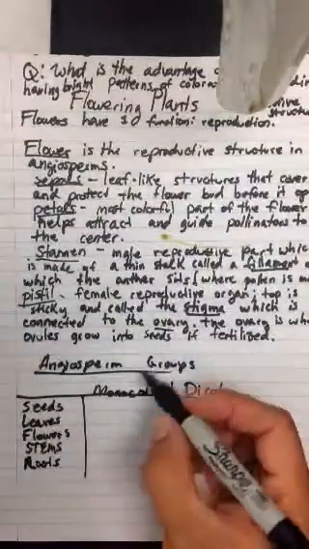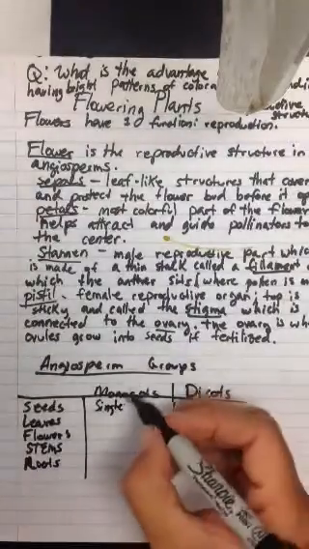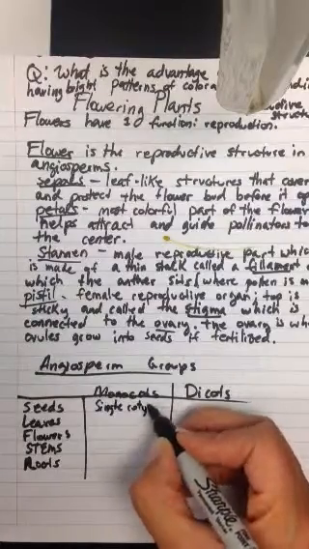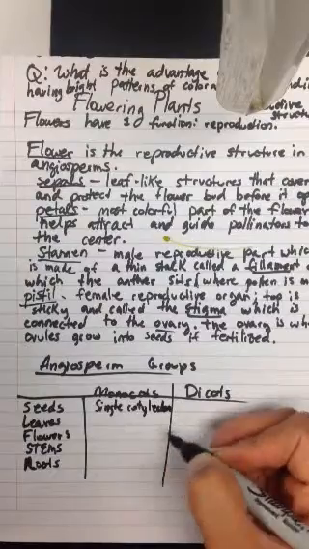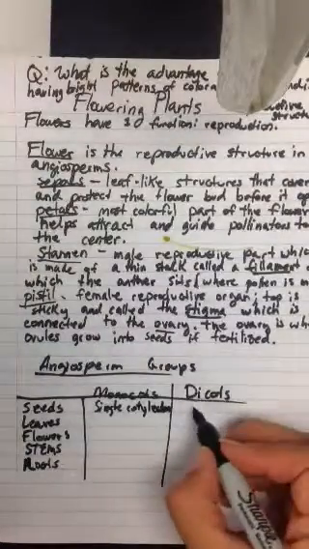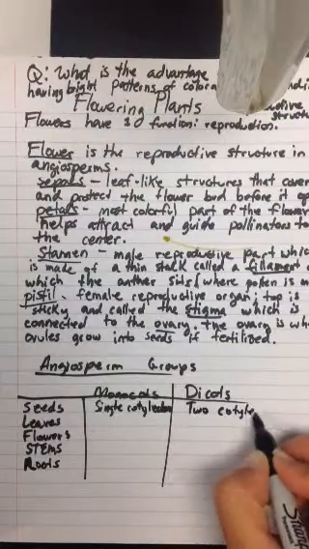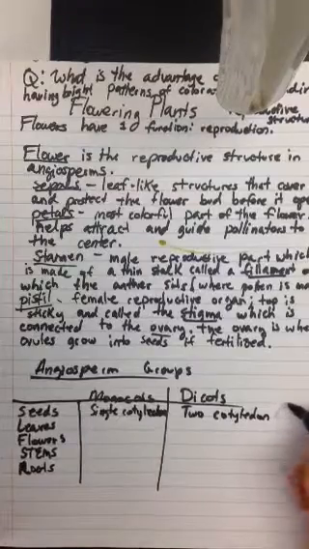So in a monocot, there is a single cotyledon, those little leaves that come out at the beginning. And in dicots, there's two cotyledons.